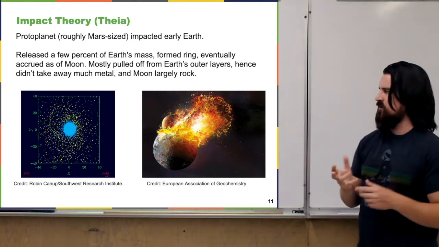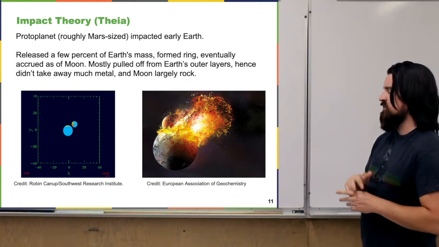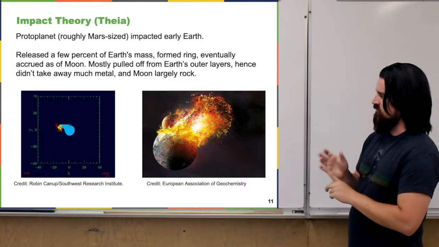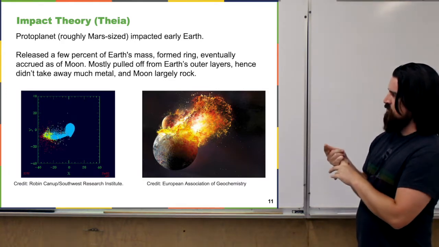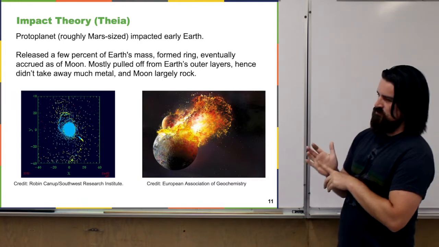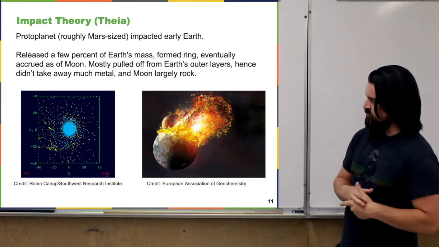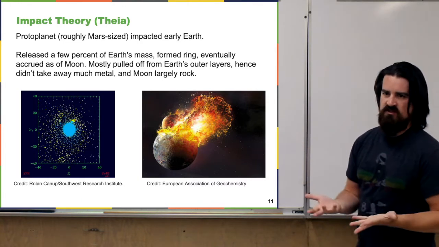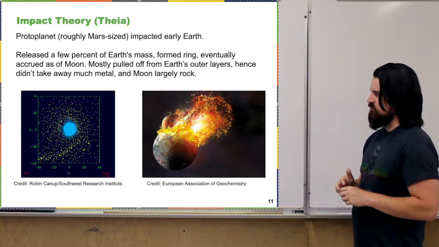There have been a number of different theories to explain the origin of the Moon over the years. This one is the current one that seems pretty reasonable and is able to be reproduced through computer simulations to actually give us a Moon very similar to what we have.